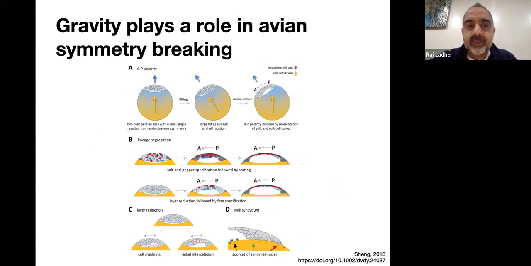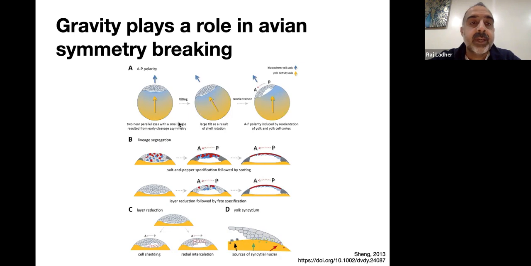Once we get to amniote animals, so reptiles and mammals, essentially, the symmetry breaking events are not so clear, and it seems almost random which side gets called anterior, which side gets called posterior, and minor fluctuations in conditions seem to influence the symmetry breaking events in these animals.